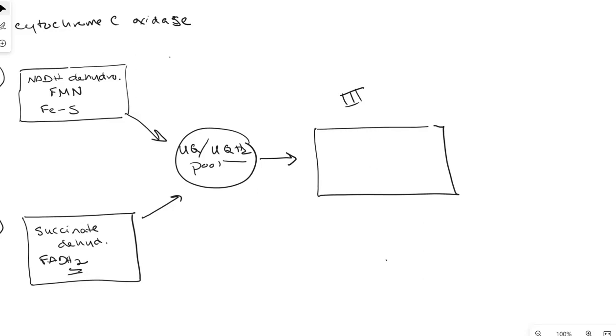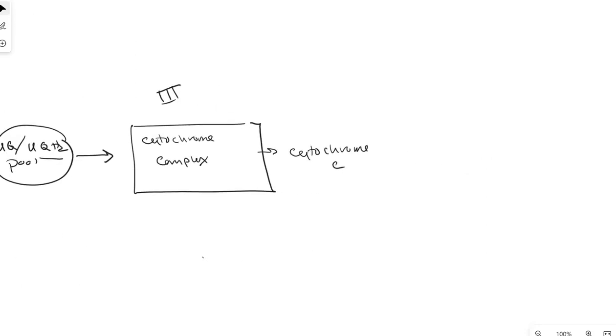This is going to be our cytochrome complex, which is then going to move those electrons to a cytochrome C, which is a mobile electron carrier, which will then transfer it to complex 4, in which ultimately a half equivalent of oxygen will be converted to water.